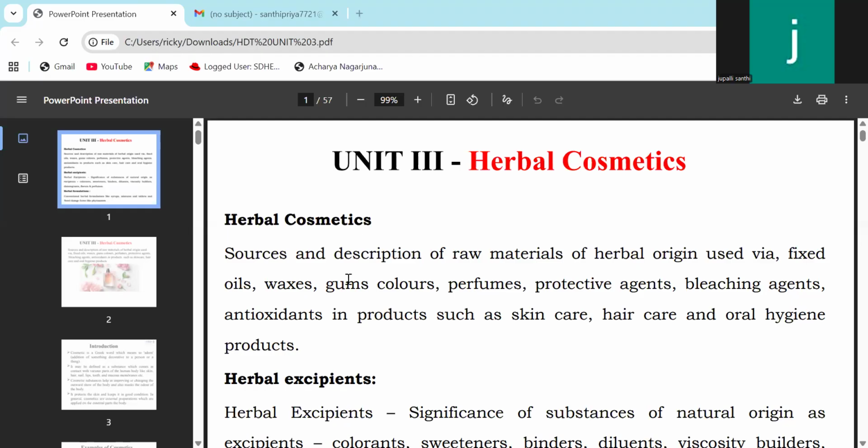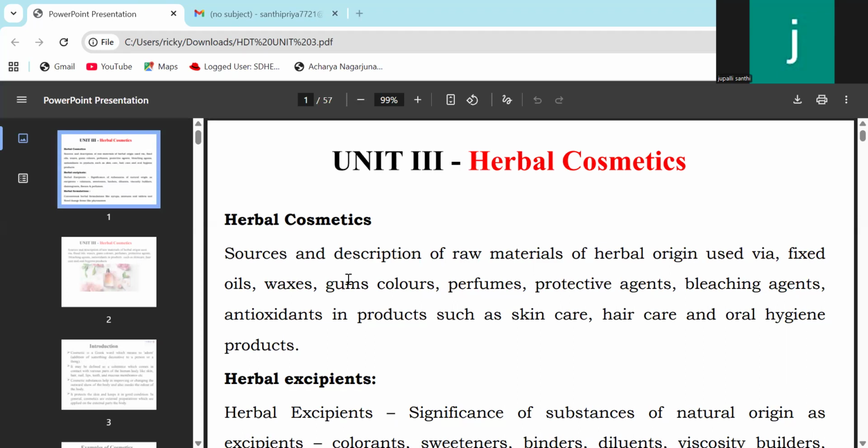So first, herbal cosmetics. What is the definition of herbal cosmetics? It is the sources and description of raw materials of herbal origin used, via fixed oils, waxes, and gums, colors, perfumes, and protective agents.